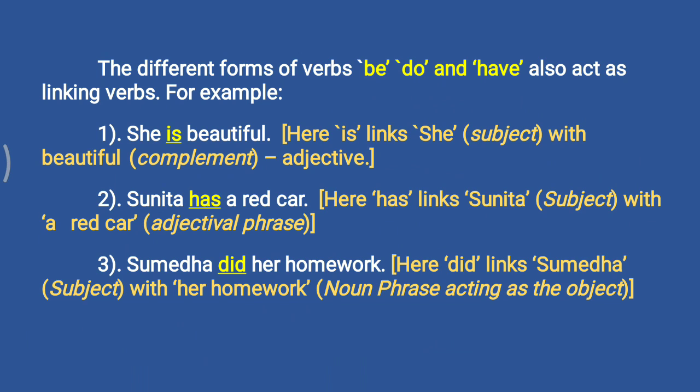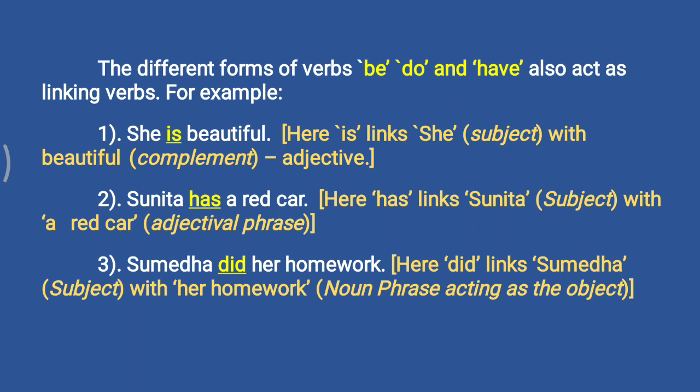So, the different forms of verbs be, do and have also act as linking verbs. For example, she is beautiful. Here is links she. She is the subject here with beautiful, that is the complement. Sunita has a red car.